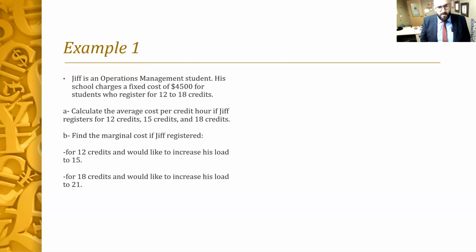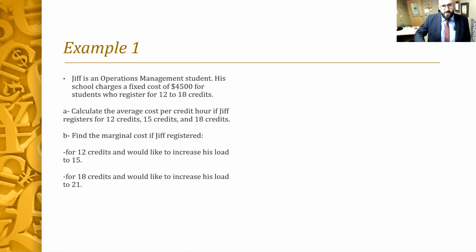In part B of this example, I want you to find the marginal cost if Jeff registered for 12 credits and would like to increase his load to 15 credits. The second part of B: calculate the marginal cost if Jeff registered for 18 credits and would like to increase his load to 21 credits.